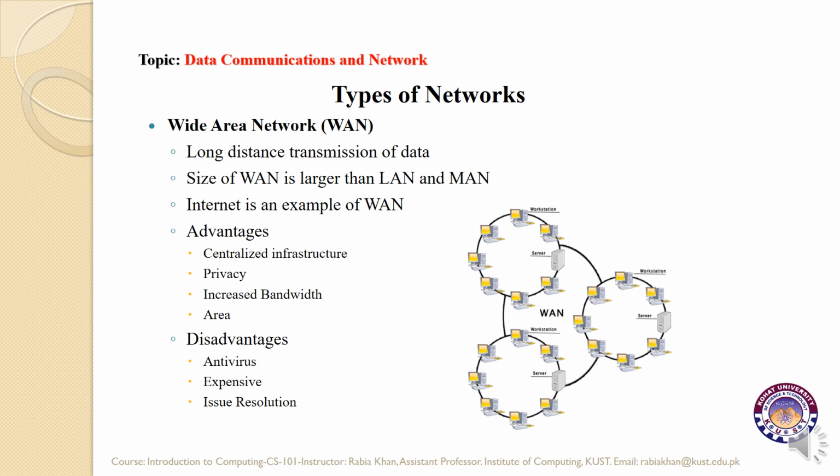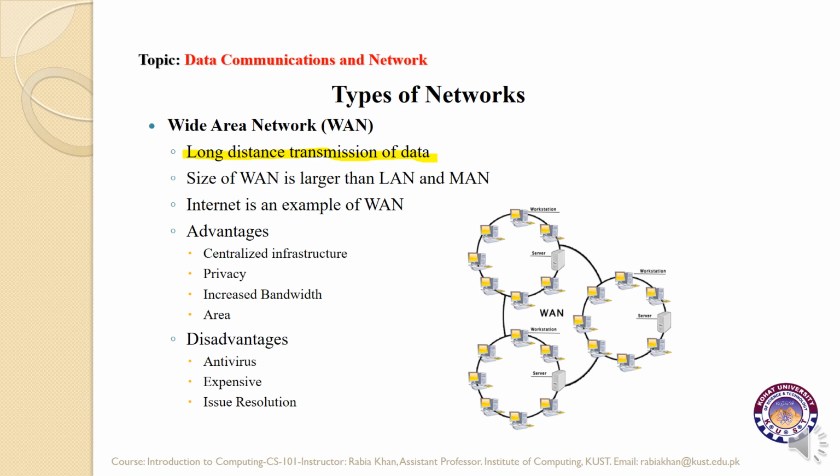Another type of network is the wide area network. It is a network that extends over a large geographical area, such as different states or different countries being connected. So if long distance transmission of data is required, we can use wide area networks.